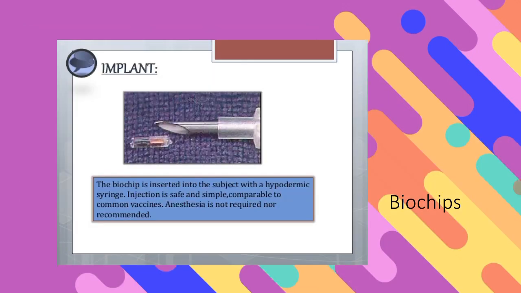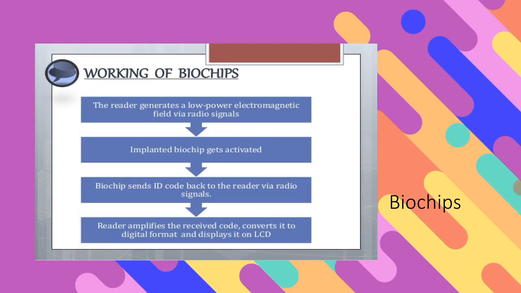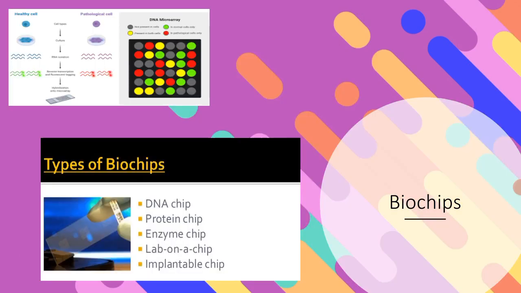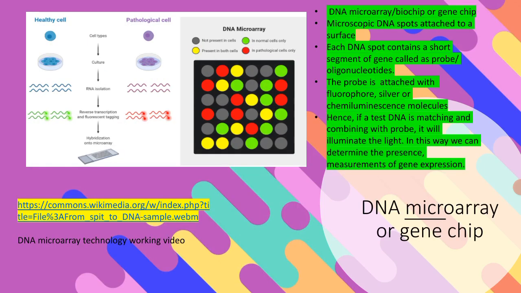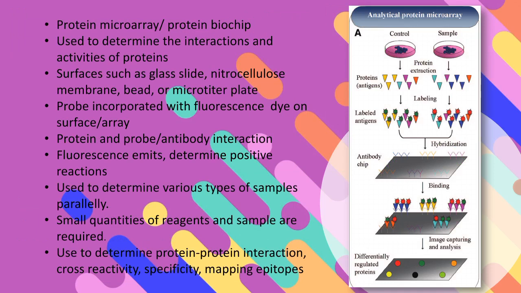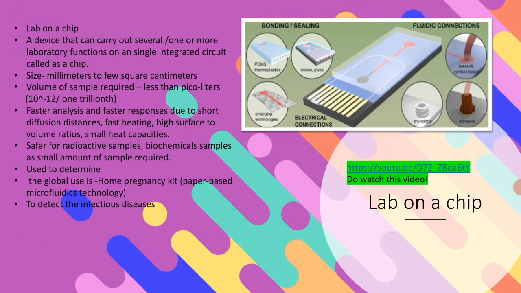Next, we saw implantation of biochips, the working of the biochip, and then the types of biochips. First, the DNA microarray, also called the gene chip. Second, the protein chip, protein biochip or protein microarray. Now, in this lecture, we will see the lab on a chip.